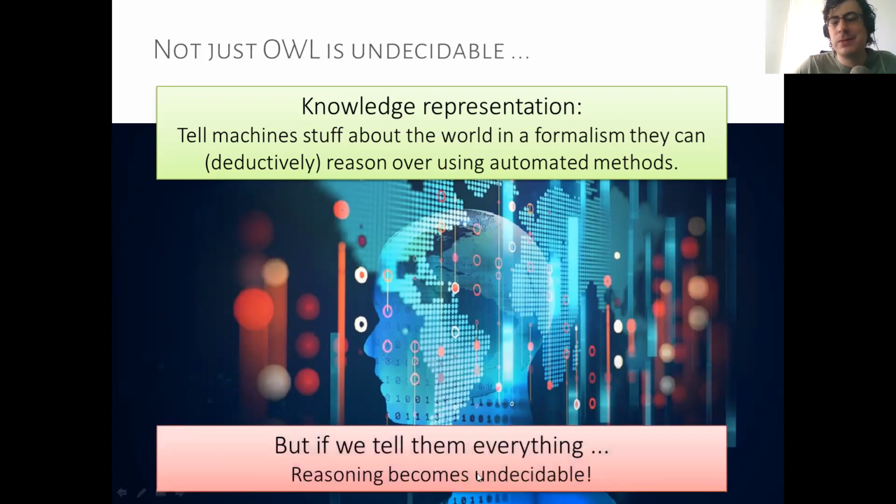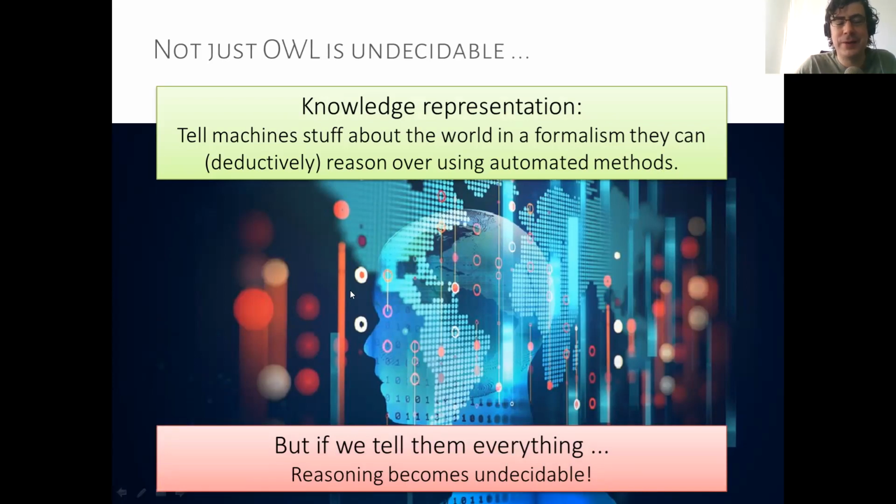Unfortunately, if we tell them too much, if we use too expressive a formalism, then reasoning becomes undecidable. Then a machine could potentially run forever and not give us an answer to the question we have in our knowledge representation formalism. Something similar happens, for example, for first order logic. So this is sort of disappointing. It means that machines have a limit in terms of what they can reason about.